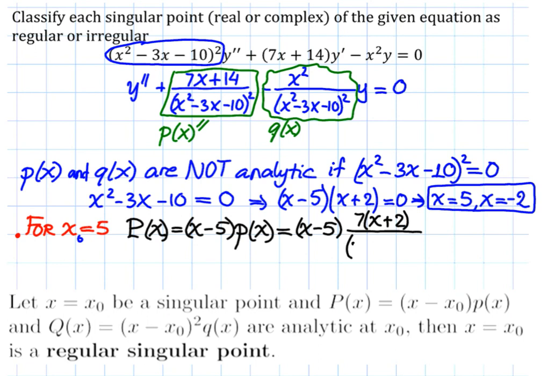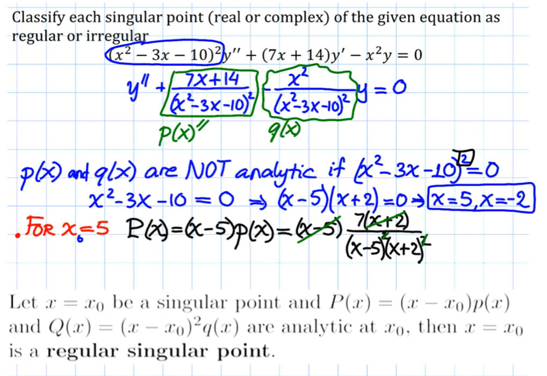At the bottom we have x minus 5 and x plus 2. However, we do have the square here, so we square both factors. What we can simplify here is one factor of x plus 2 and one factor of x minus 5.